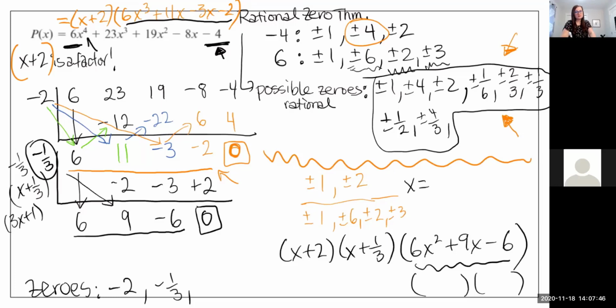So what's important to know is if it's a 4th power, you're going to always have exactly 4 zeros if you include complex numbers. Sometimes, like let's say this boiled down to something like x squared plus 9, which doesn't factor in the real numbers, but it does factor if you consider the i's. Like if you end up doing the quadratic formula and you get a negative under the root, that becomes an i, and that's where you get complex roots.